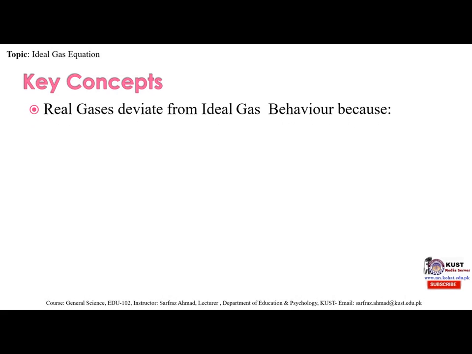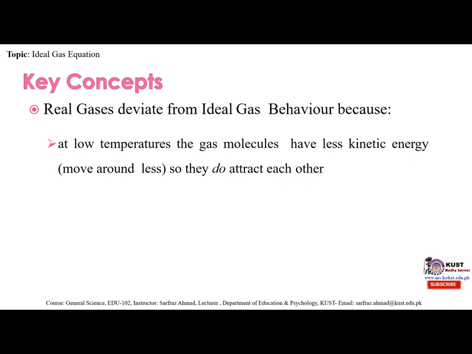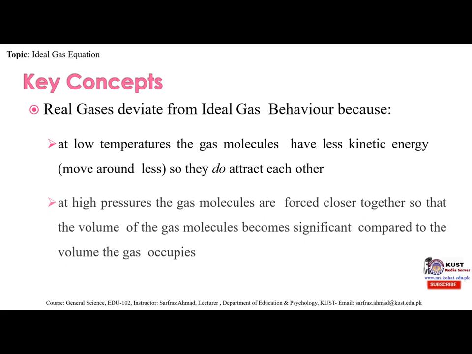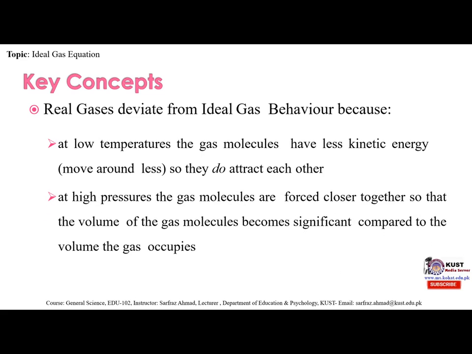The other key concepts are that real gases deviate from ideal gas behavior because at low temperatures the gas molecules have less kinetic energy and move around less, so they do attract each other, and at high pressure the gas molecules are forced closer together so that the volume of the gas molecules becomes significant compared to the volume the gas occupies.